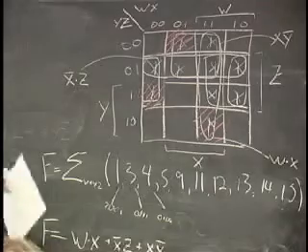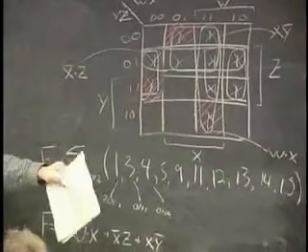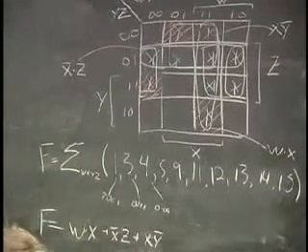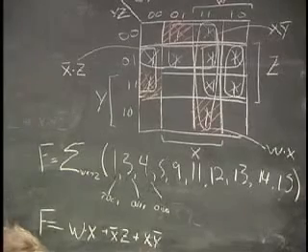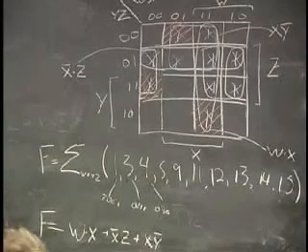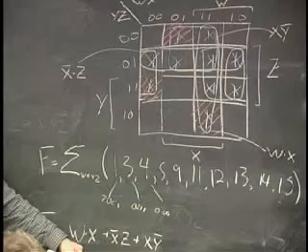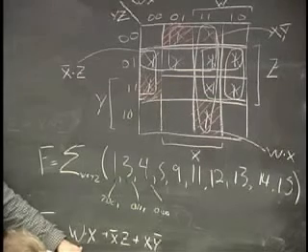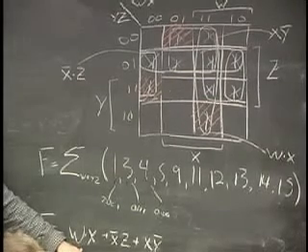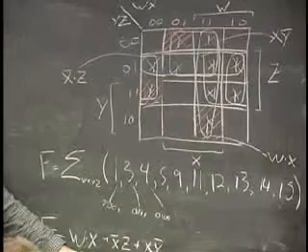So we've gone from a situation where we had 10 4-input AND gates and one 10-input OR gate to a situation where we have 3 2-input AND gates and one 3-input OR gate. So that's quite a simplification, right?